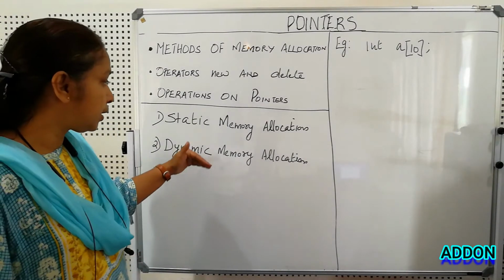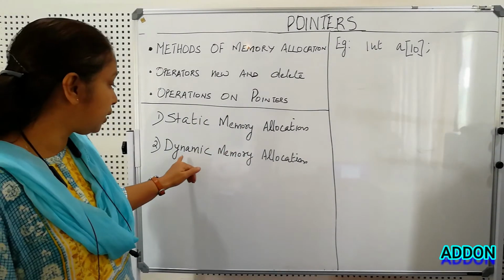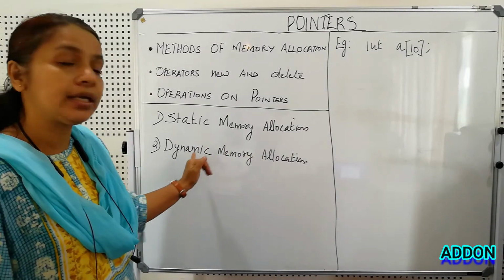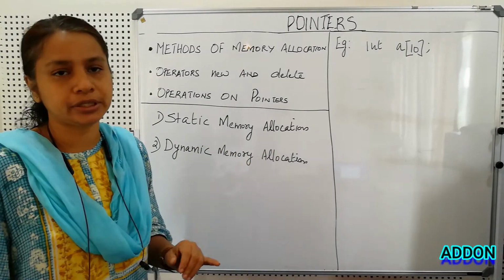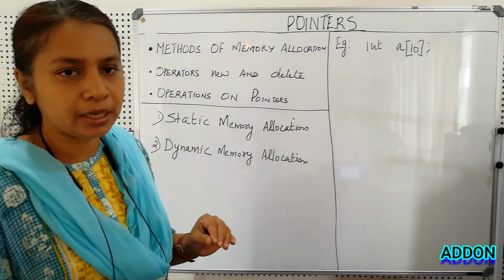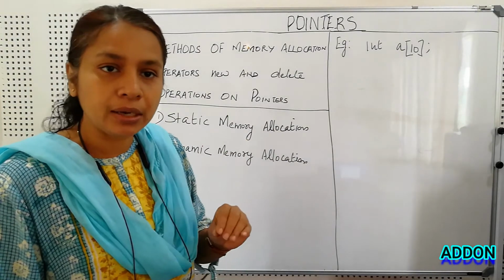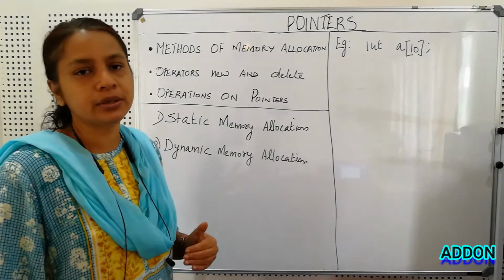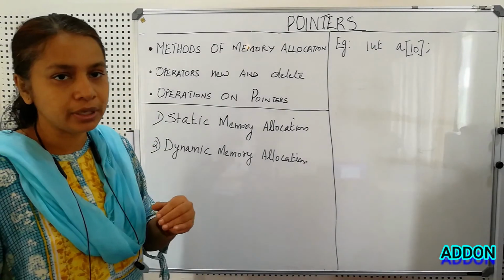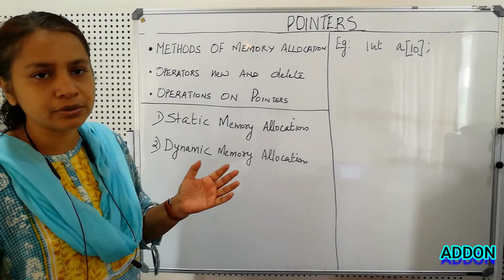So that disadvantage is overcome by which method of allocation? Dynamic memory allocation. So in the case of dynamic memory allocation, memory will be allocated during the execution of the program. Memory is not allocated before the execution of the program.